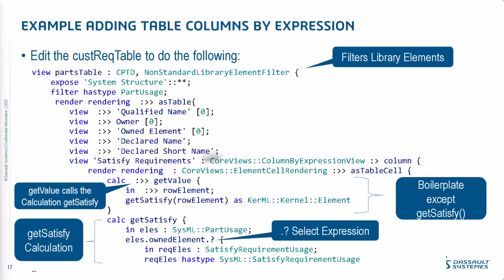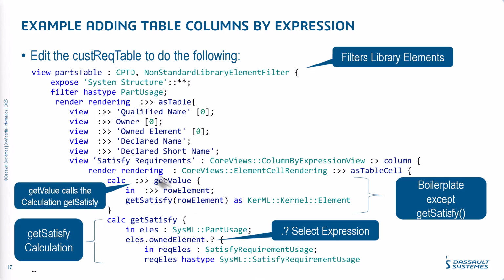We see now we're typing this by the ColumnByExpressionView, and our rendering is now typed by an element cell rendering because we want to accept an element as the cell rendering. Again, most of this is boilerplate. The only thing that's not is this get satisfy, where we're passing in this row element. So we're calling this calculation down here.